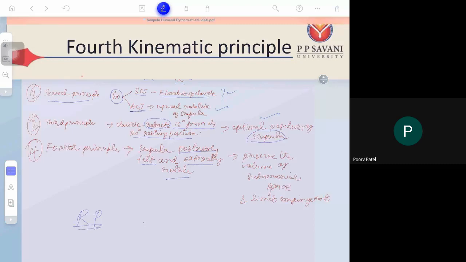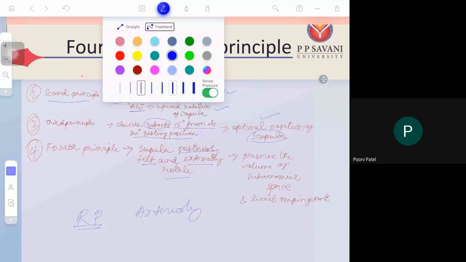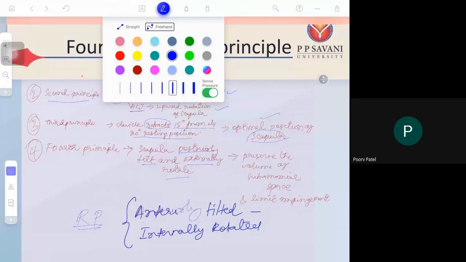What is the resting position of the scapula? It is anteriorly tilted and internally rotated. This is the resting position of the scapula. So from the anteriorly tilted position, it tilts posteriorly during abduction.